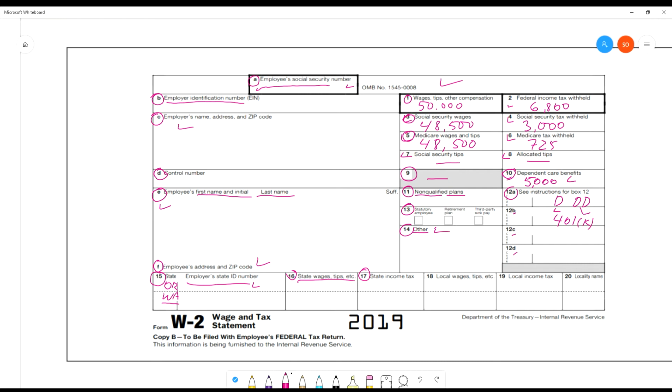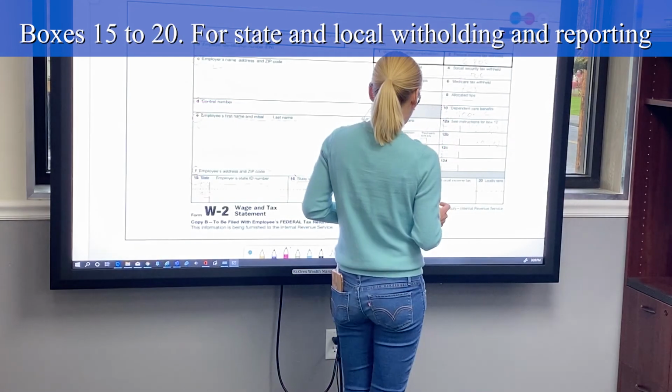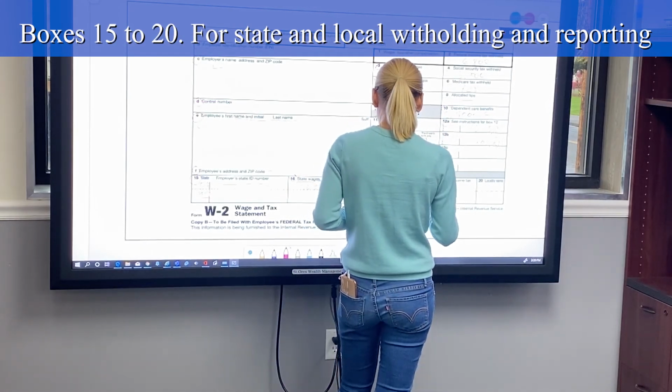Say we'll have state wages here that will be the same as in box 1. And box number 18. If you're subject to local, city, and other state income taxes, those will be reported in this box 18.